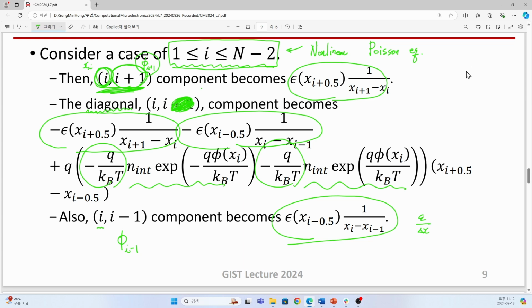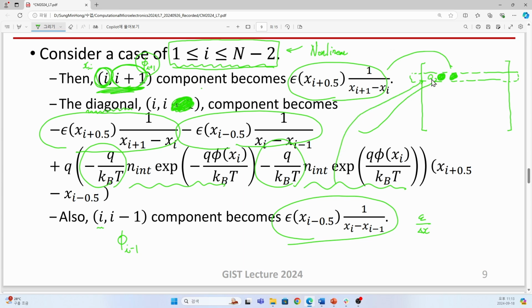So let me just fill out our A matrix, the Jacobian matrix. For example, if we consider this line, of course it will have its diagonal component, which can be calculated in this way. And we have i plus 1, so using this one we can fill this point, and also using this expression we can fill this point. Let's say, for example, this is i equal to 1.